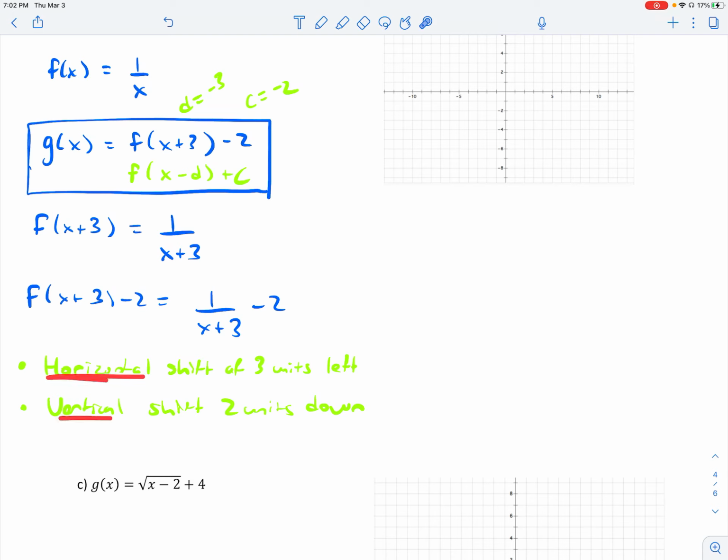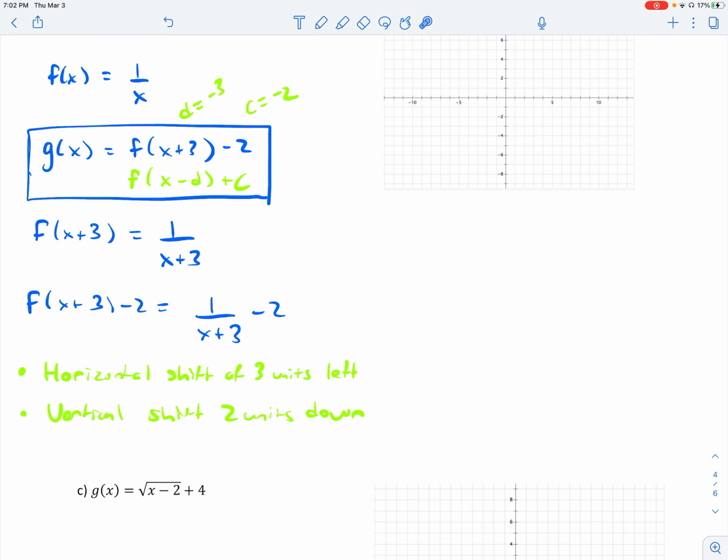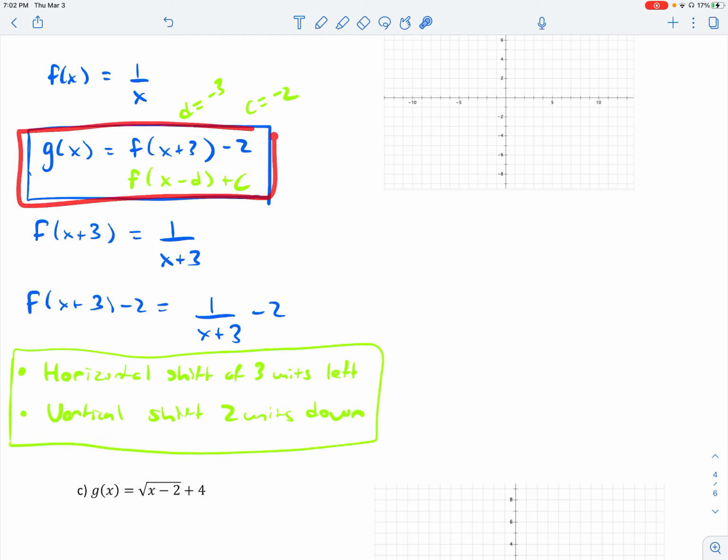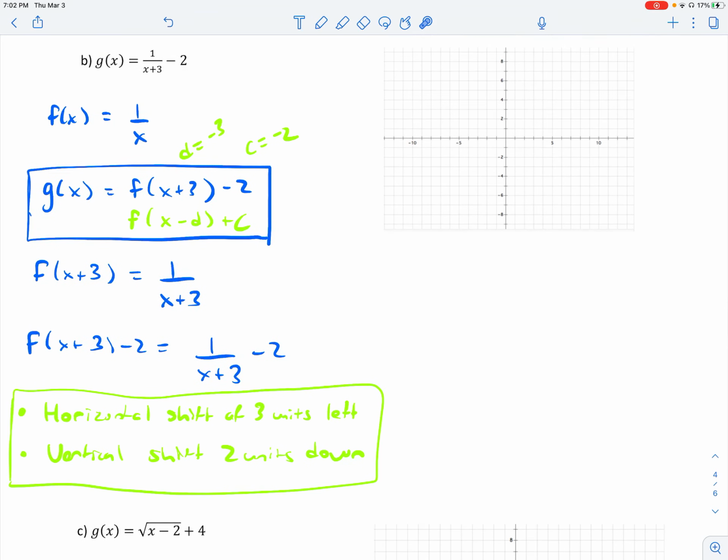I first say the direction, horizontal or vertical, then I say the type, the shift, then the number of units, and then I say what direction, left or right, or up or down. So that's describing the transformations using words, and the other one is describing the transformations in function notation, as the question was asking.